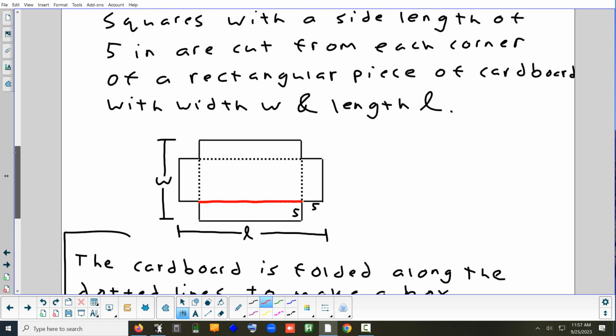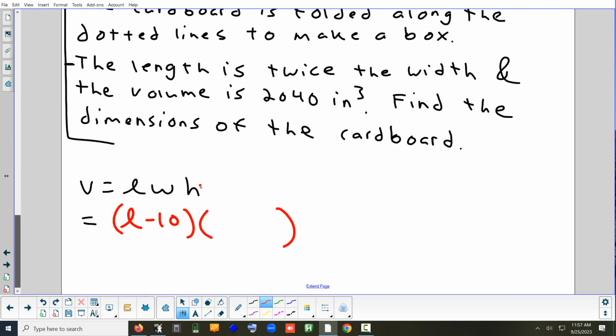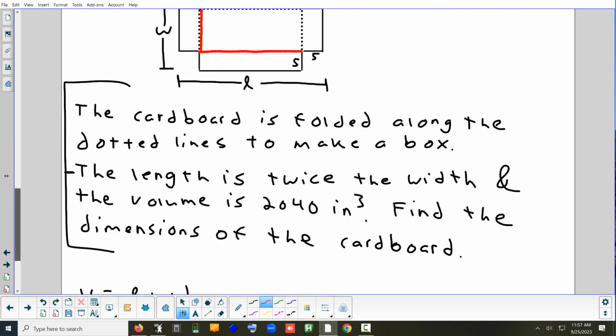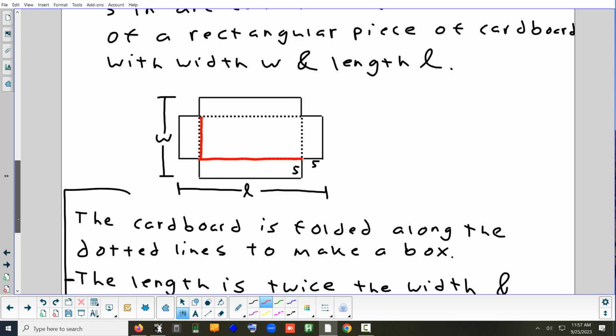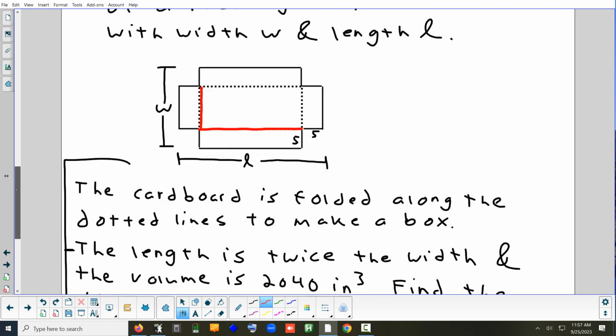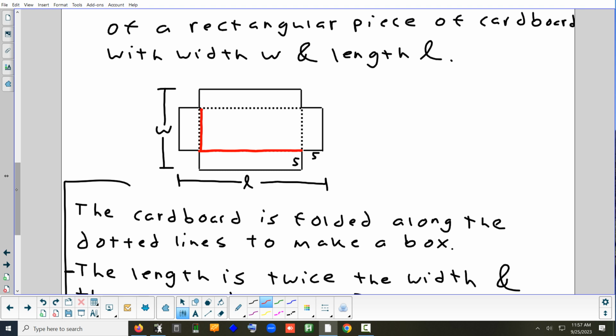What about the width? What's going to be the width of the box? Would it be 2L minus 5? Don't worry about the length being twice the width yet. For now, you can go ahead and just use W. Okay.